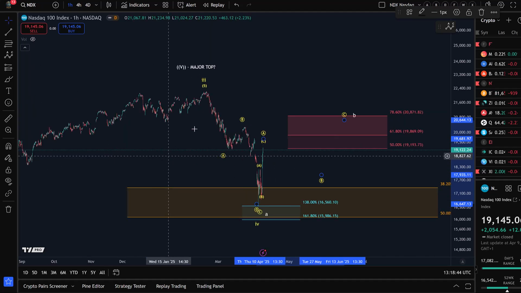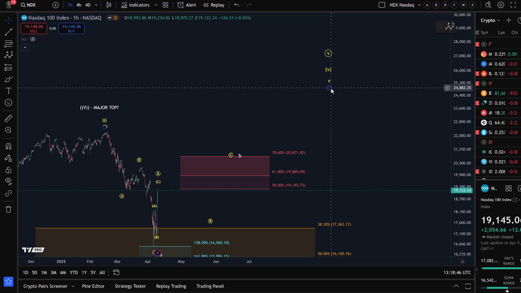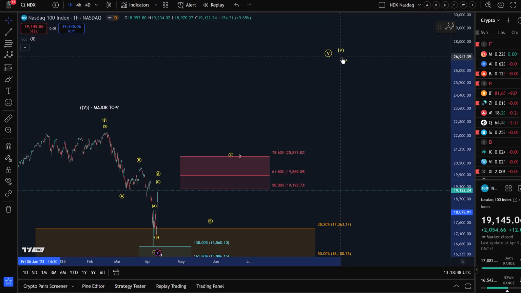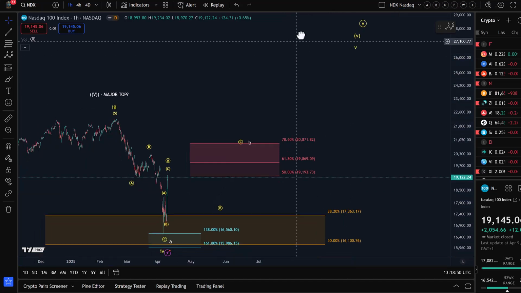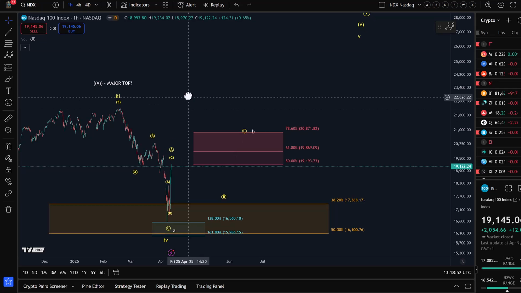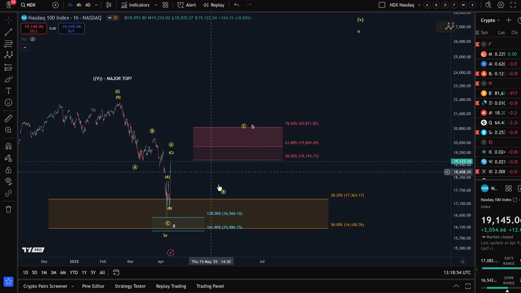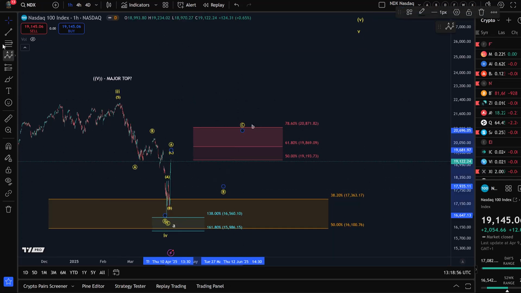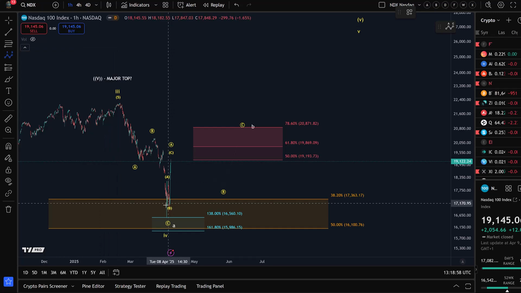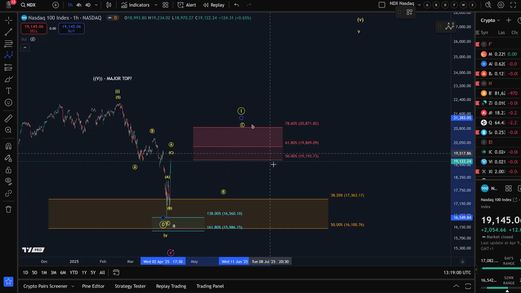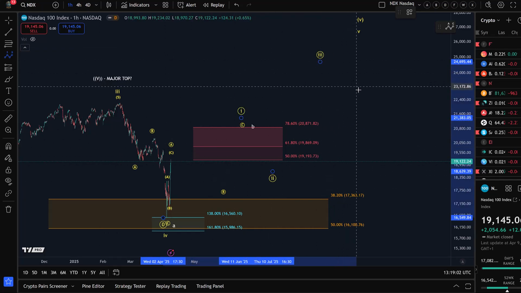Well, please note that the 5th wave to the upside could be an ending diagonal. So it is absolutely possible it's doing this like A, B, C. In the bullish count, this would be a wave 1. Then we get a wave 2, 3, 4, 5.